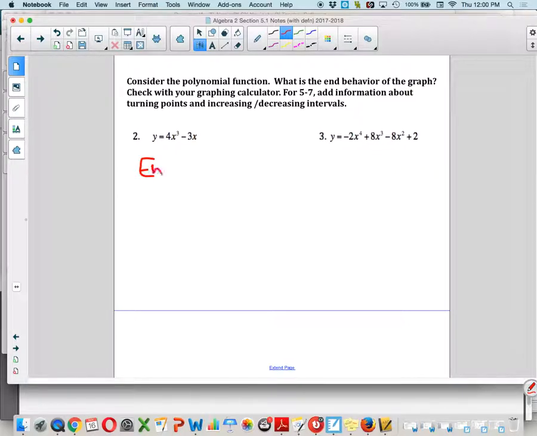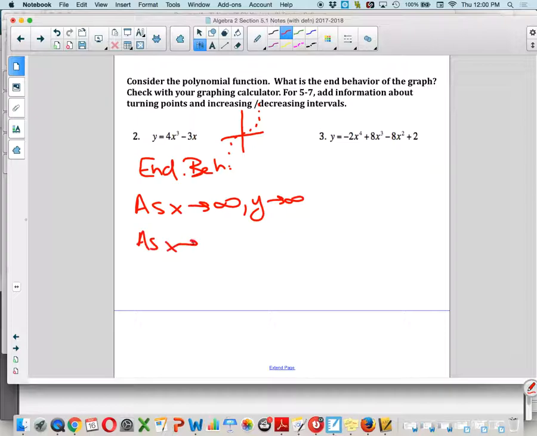Your end behavior, in this case, since it's a cubic, it's going to have some sort of shape that looks like this. Now you may have turning points, but the key is that as x approaches infinity, the y's will do the same. And as x approaches negative infinity, the y's will do the same. On your radar, you should start to comprehend that a little bit. Because if I cube a number that is positive, it stays positive.